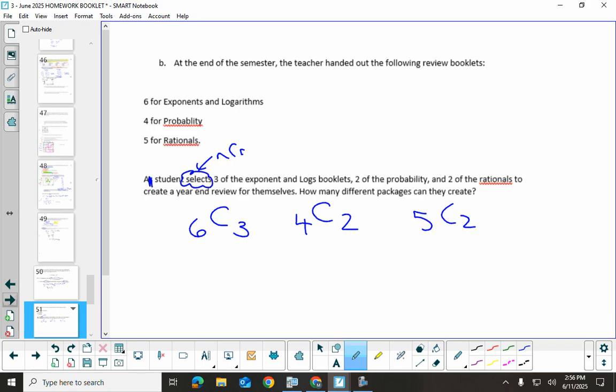And you're picking exponents and logs and probability and rationals. So you're just going to plug that in and multiply. Now, in the interest of time, I'm trying to get you out of here. I'm not going to go through the button push of that. I'm assuming you remember how. We just did it on the last question. Okay, it's under Math Prob number 3.